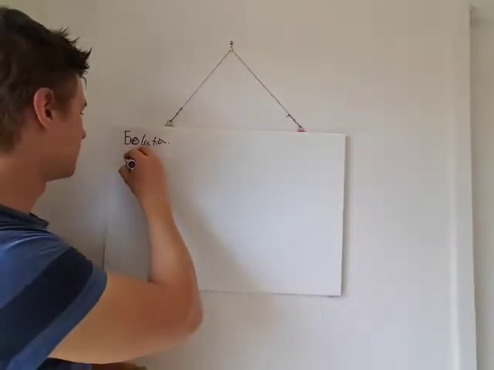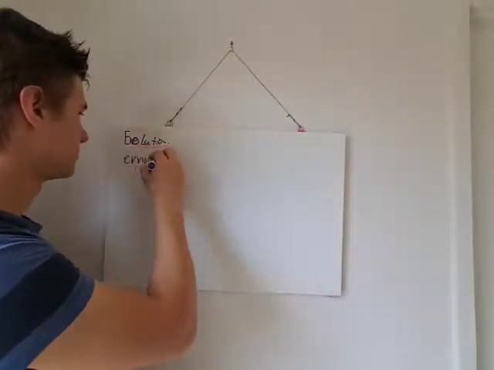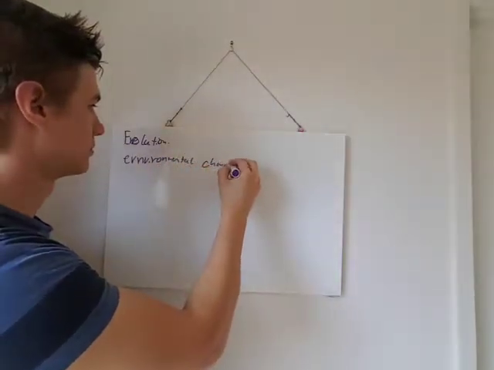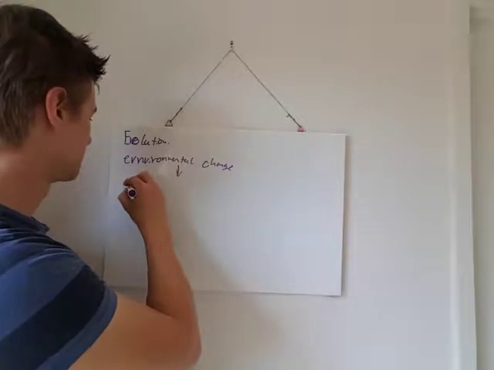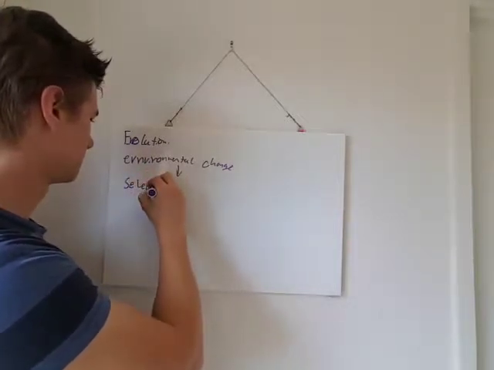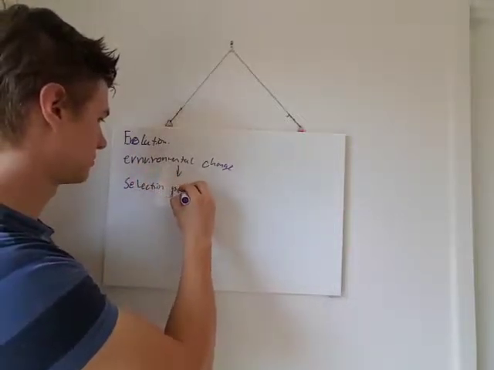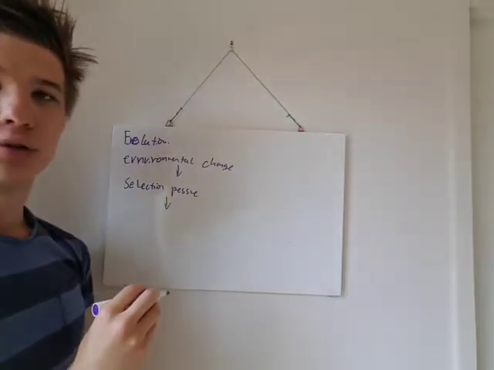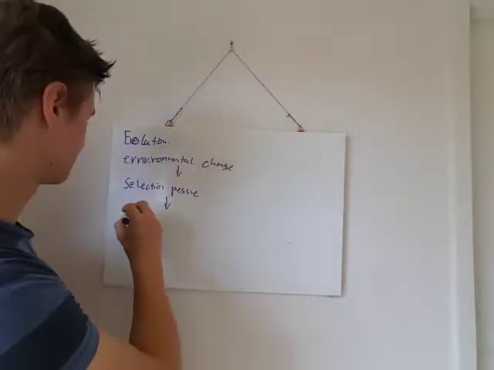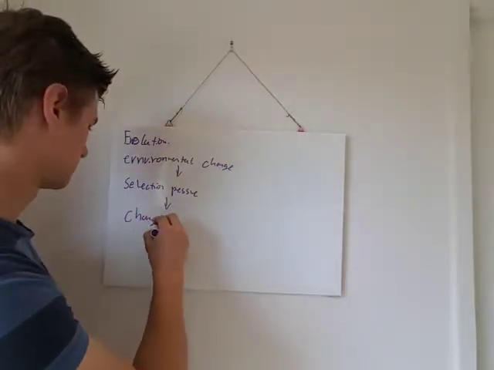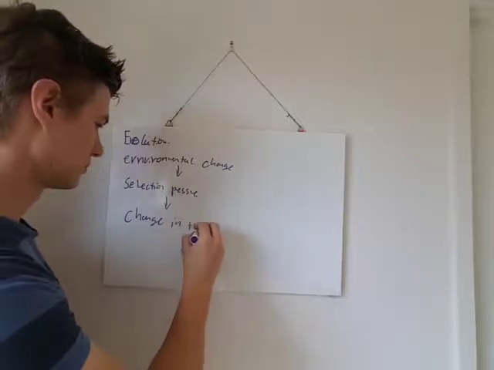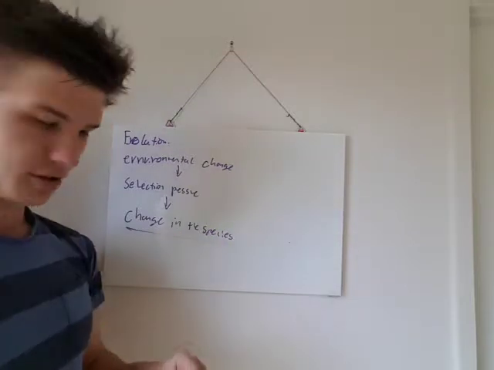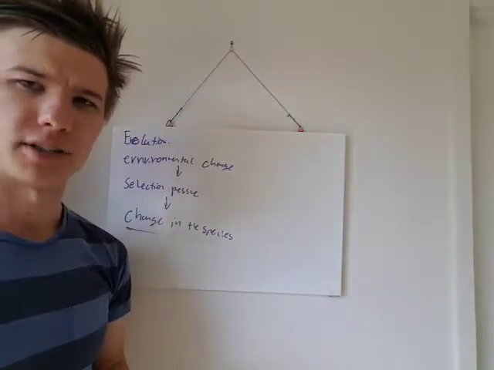Well, environmental change leads to selection pressure, leads to conformational change or change in the species. And that's kind of the first really basic concept of evolution.